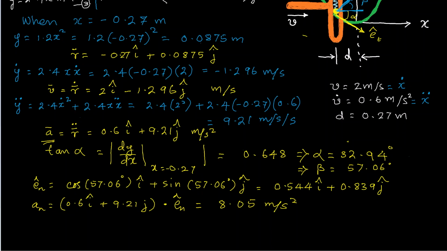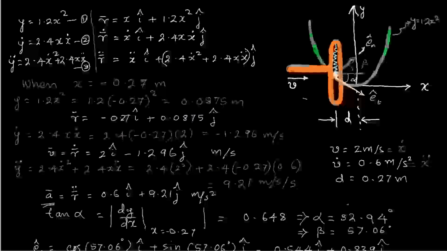And then we can actually write the an vector. So I'll put this as the an magnitude, and the an vector will be nothing but 8.05 times 0.544i plus 0.839j. So this is the a normal, and similarly you can calculate a tangential also. Okay, so this is it, and we will see one more problem in the next segment. See you then.